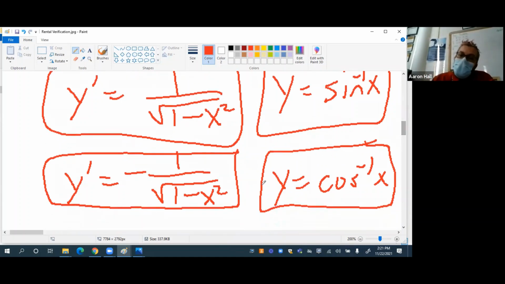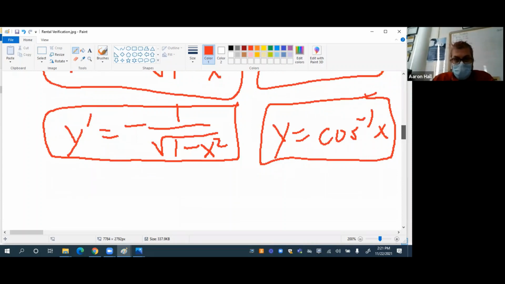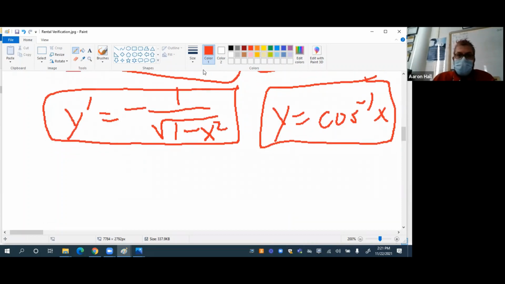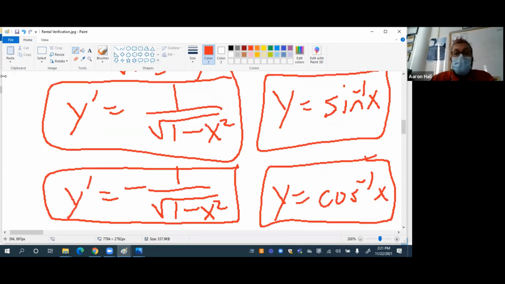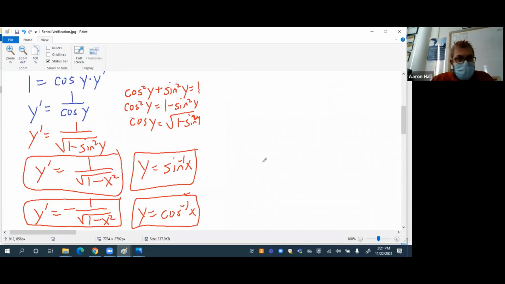Now we could go through the same proof to show that that is the case, but we don't have to. Okay, let's do another one. What if I zoom out? Is that too small? I can zoom in if you'd prefer. How many more cards do we have to do?